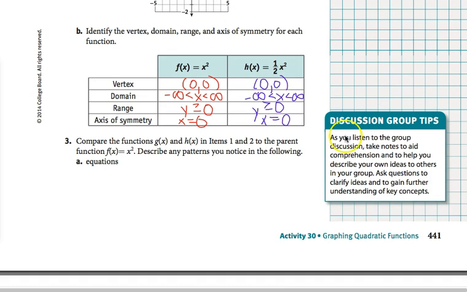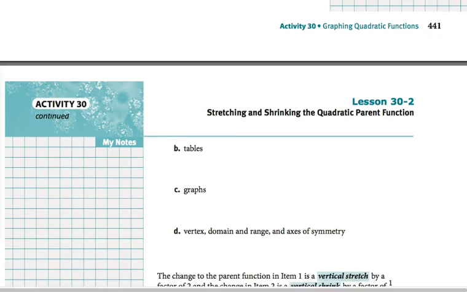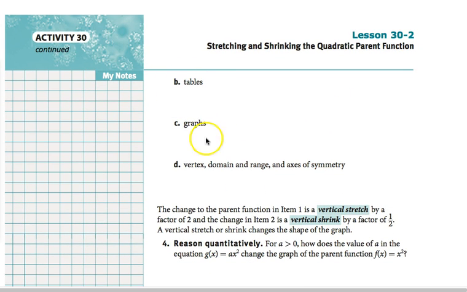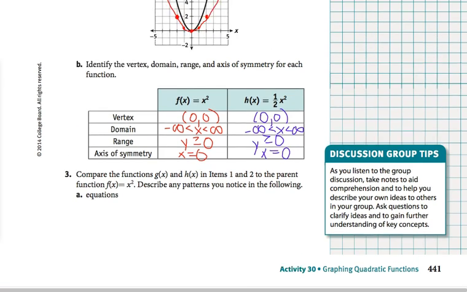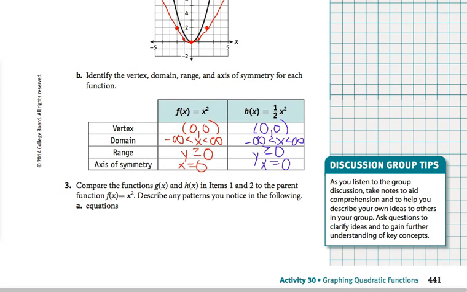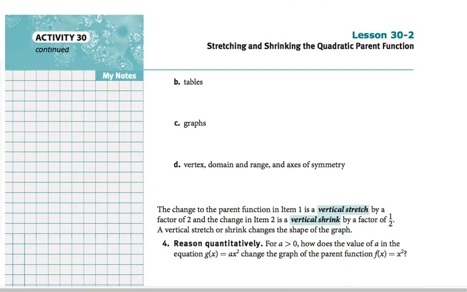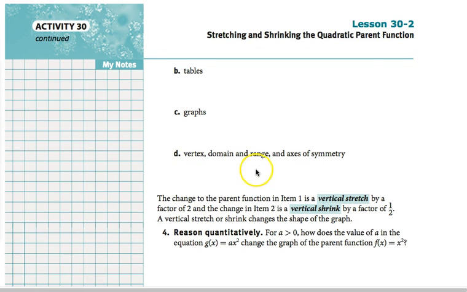So number 3 wants us to comment on all of these different features. So it wants us to compare the equations, compare the tables, compare the graphs, and then compare those values. So we can start with the values. We can say that they're all the same.